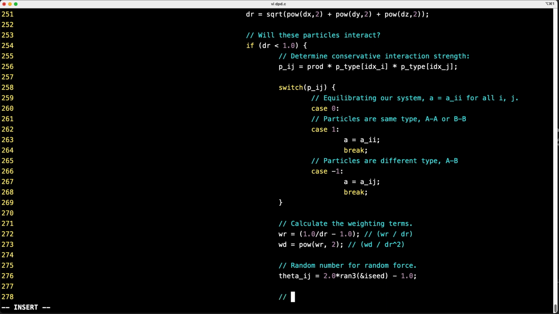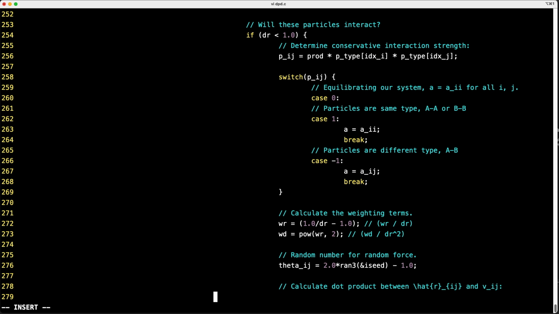All right, so with that, we need the dot product. And this is actually between a unit vector and Vij. Okay, so what this means, let's just calculate the dot product first. R dot V will be dx times Vx of i minus Vx of j, that's the x component, plus dy times Vy of i minus Vy of j.